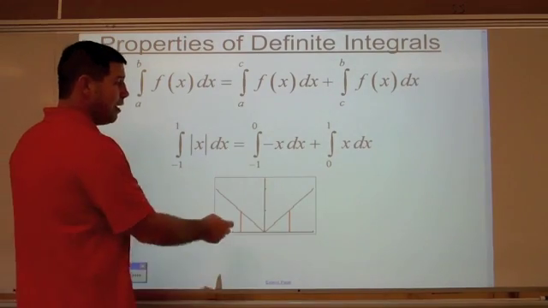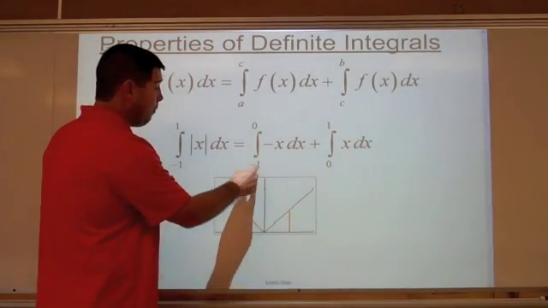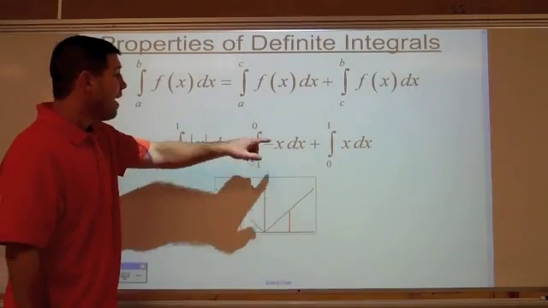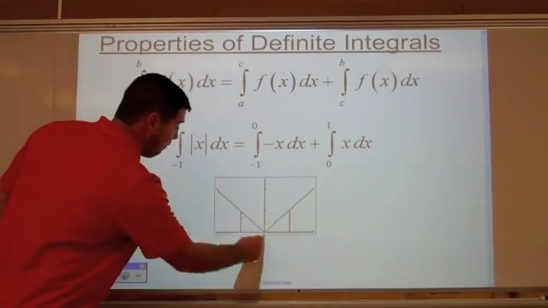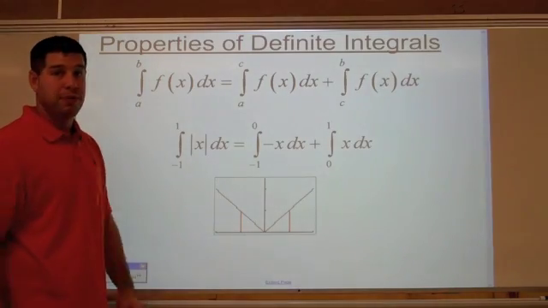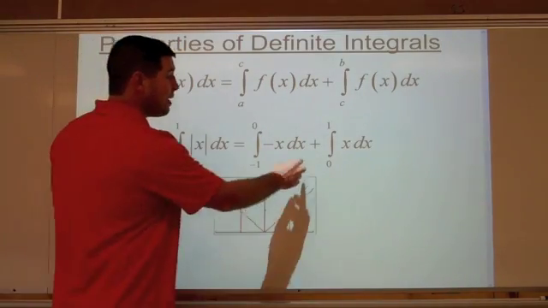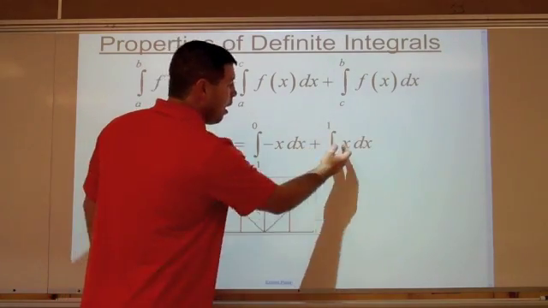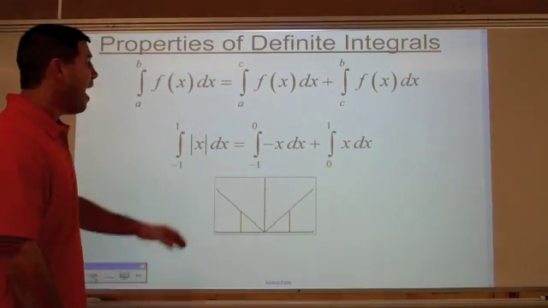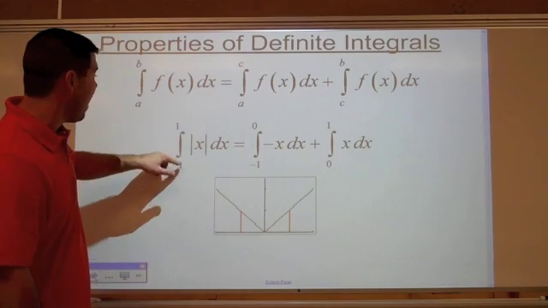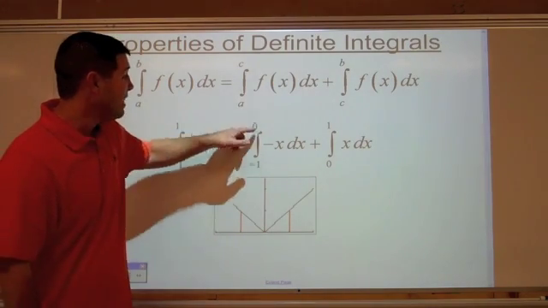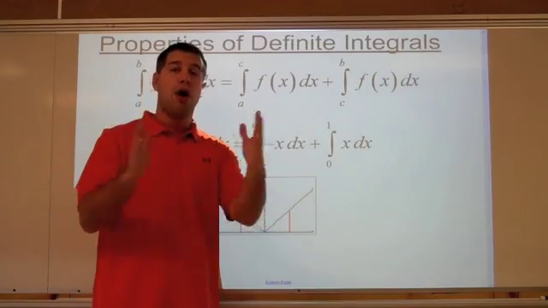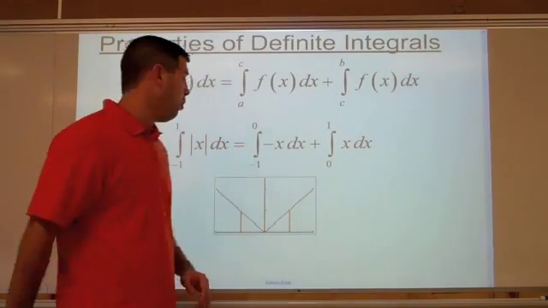So I'm going to write the definite integral from -1 to 0 of negative x, because it's the negative version of that absolute value function, plus the definite integral from 0 to 1 of positive x. And that will give me the overall result. I split from -1 to 1 at 0. So from -1 to 0 plus from 0 to 1 will give you your overall value from -1 to 1.